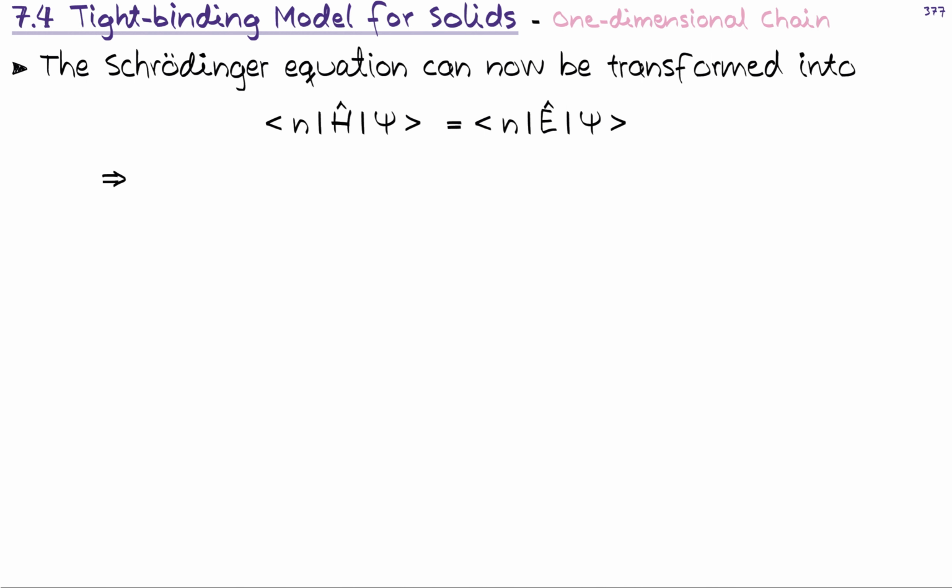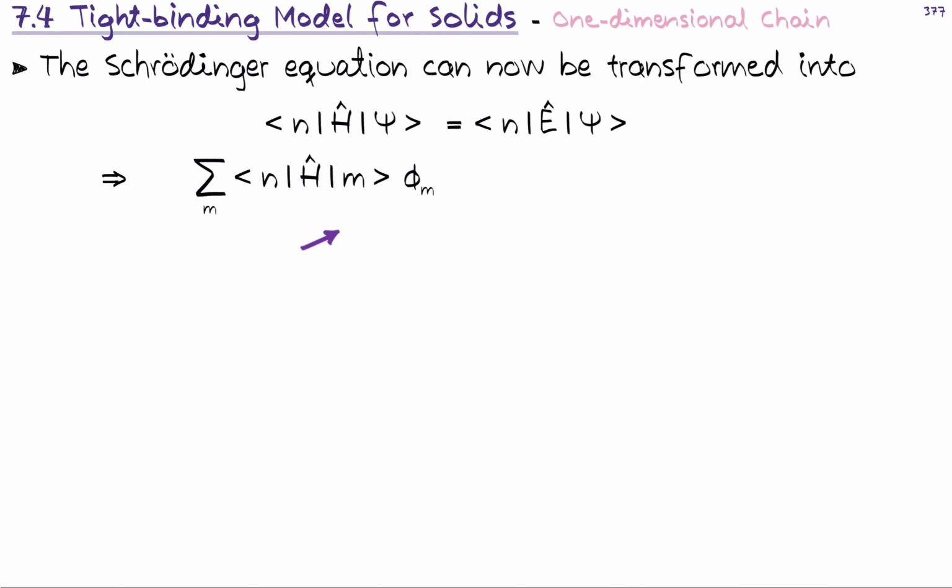Now we can write the total wave function using the superposition forms that we gave you previously. The left-hand side turns into a summation over m, which is just a dummy summation index, of the bra of n, still operating with the Hamiltonian operator, then the ket of m, and then multiplying with phi m.